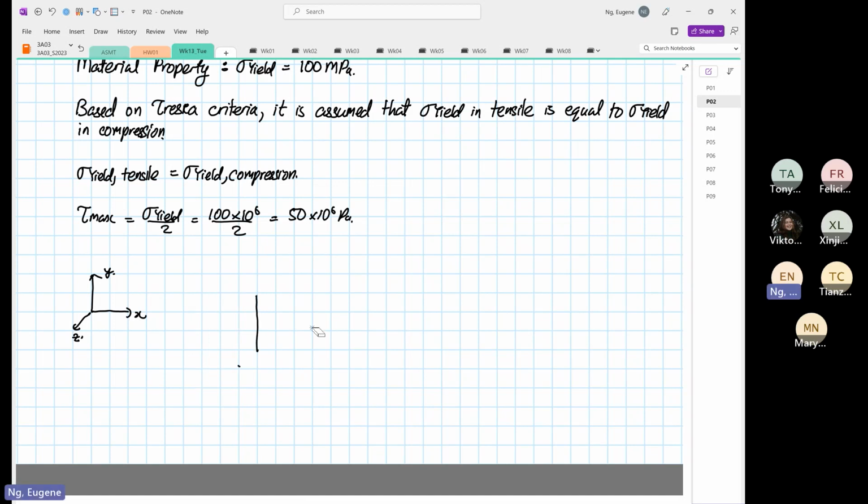This element is not very good. I'll tell you why later on, because you don't know which one is in plane or out of plane.